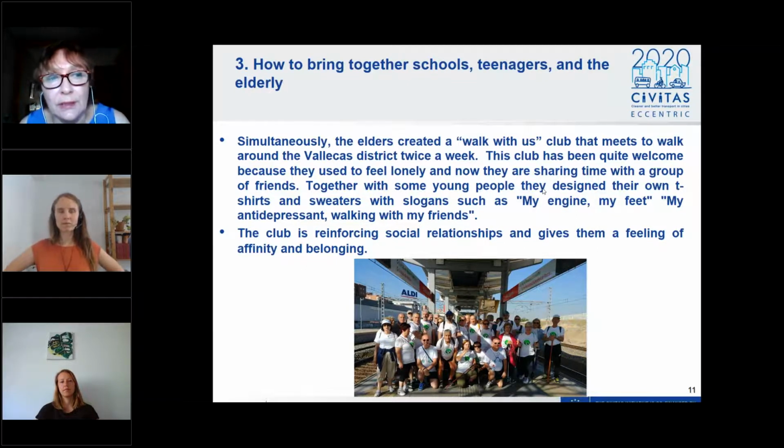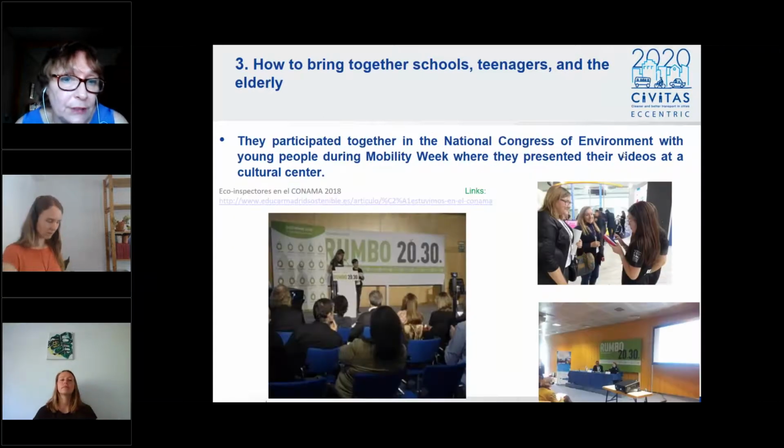Now the group has 90 people. Together with some young people, they designed their own t-shirts and sweaters with slogans such as my engine, my feet, my antidepressant, walking with my friends. The club is reinforcing social relationships and gives them a feeling of affinity and belonging.